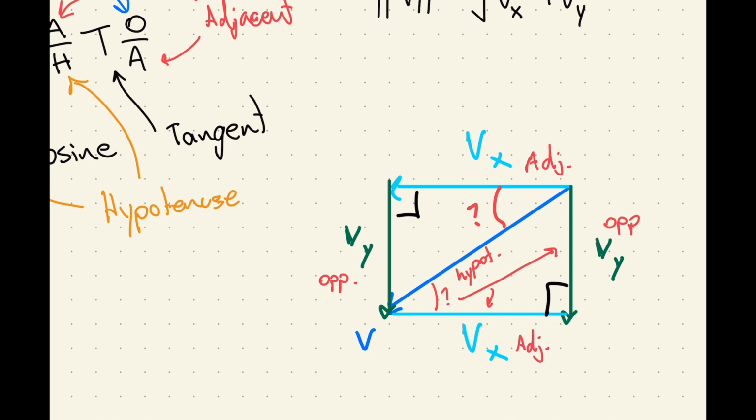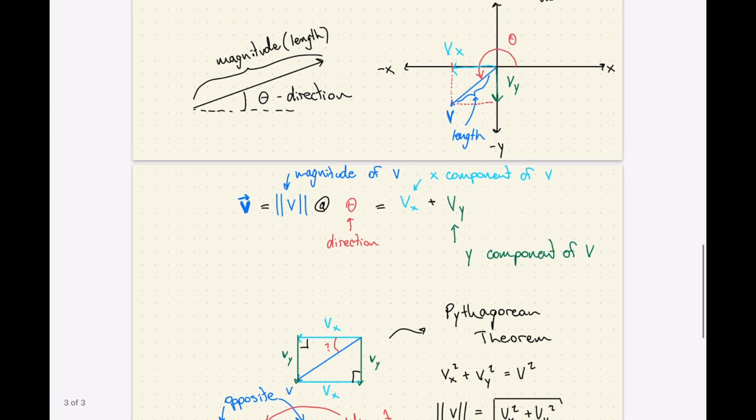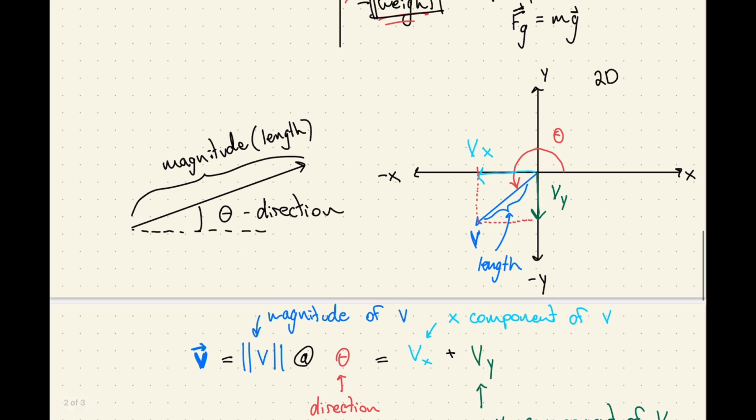But it is not really too useful having multiple triangles like this and multiple angles. So normally I just like looking at one triangle. So pick either this triangle or this triangle and then find the angle that you're looking for. The reason I chose this triangle and wrote the angle over here is because in the original picture we were looking at, the angle that we're looking for is the one right over here, because if we add that angle to 180, we will be able to find this angle here.